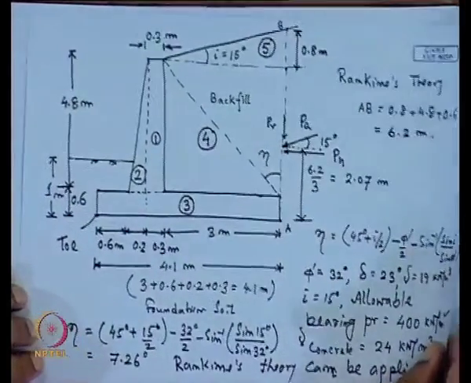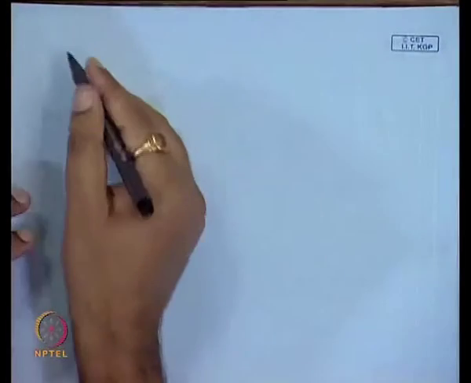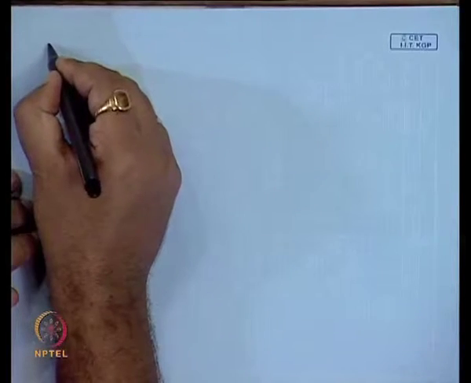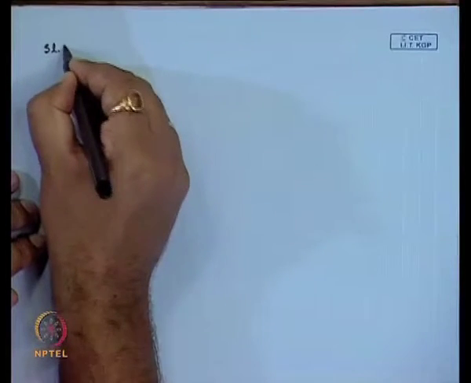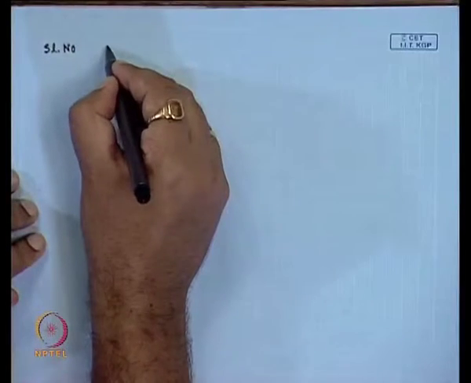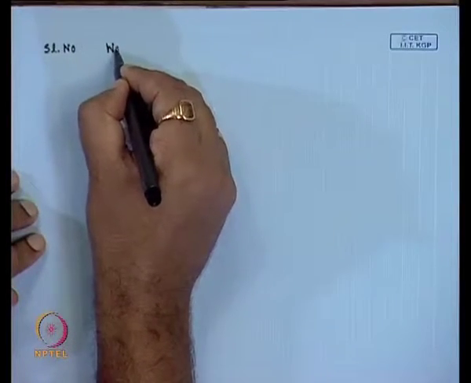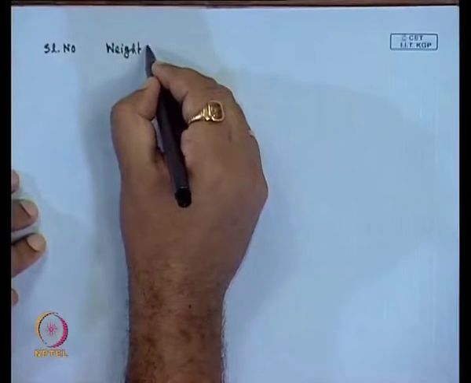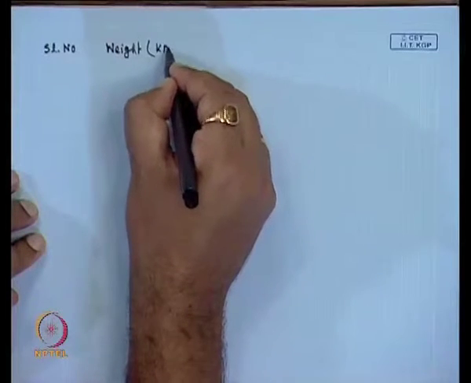Now, for the weight calculation, we can make this table. First is our serial number. Then the weight calculation, that is in kilonewton per meter.